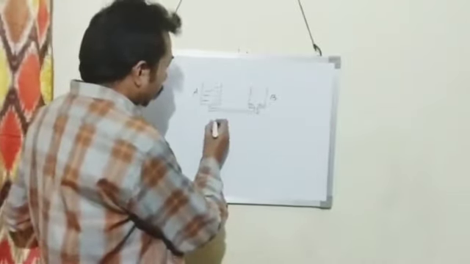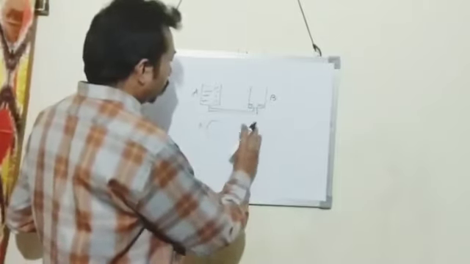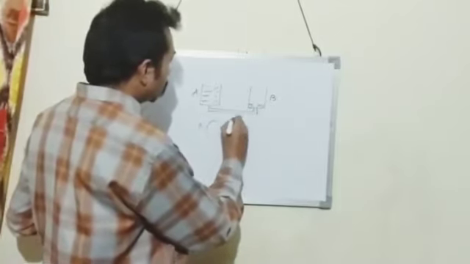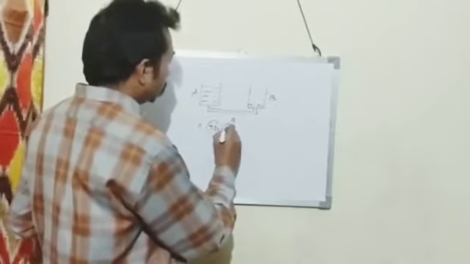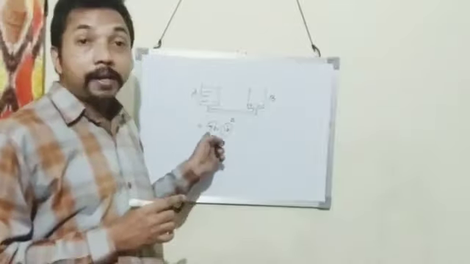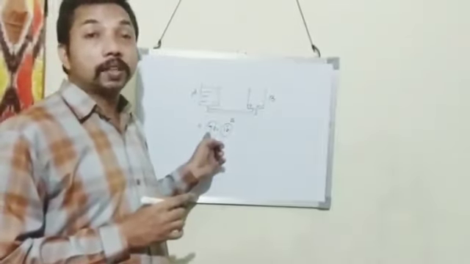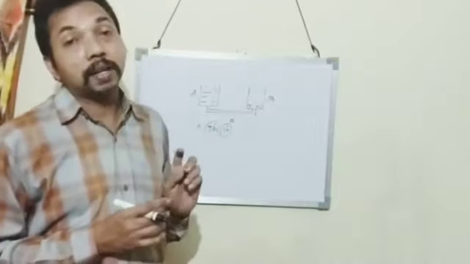In another case, suppose that A and B are two bodies. A is at a temperature of 90 degrees Celsius and B is at a temperature of 10 degrees Celsius.